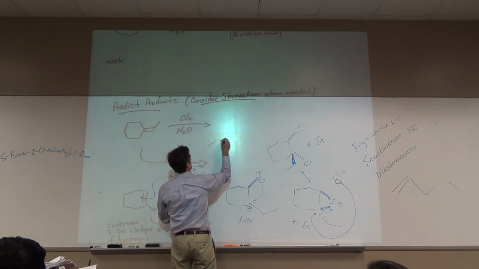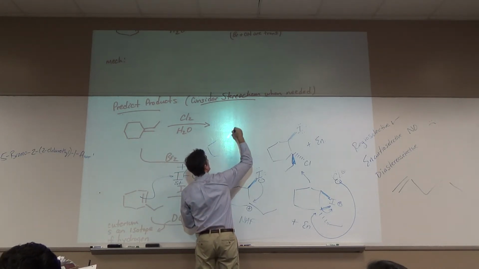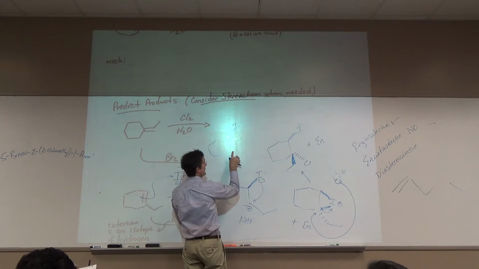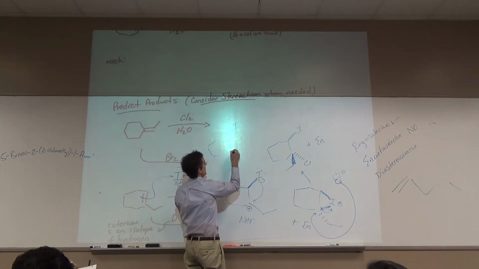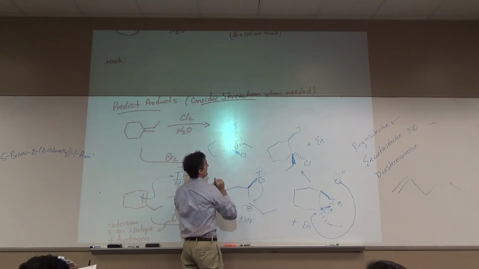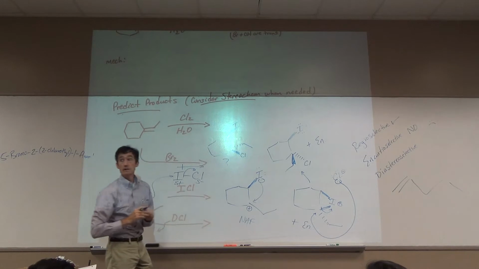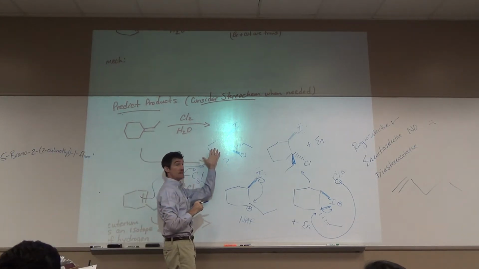Now, what if I showed you this product? What if I showed the iodine here and the chlorine here, thus the same regiochemistry? But what if I drew the chlorine like this and the ethyl like that? Did we get that product? No. Plus it's an enantiomer.